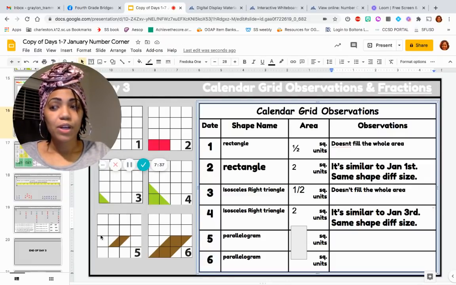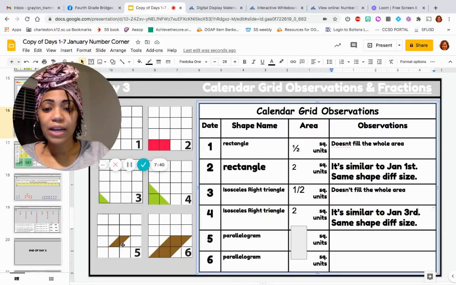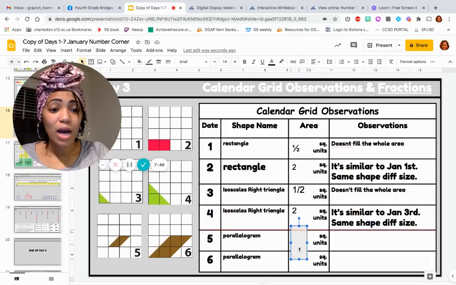All right, what about our area for our parallelogram here? So we have 1/2 here and 1/2 here, which gives us a total of 1 whole square unit, right?